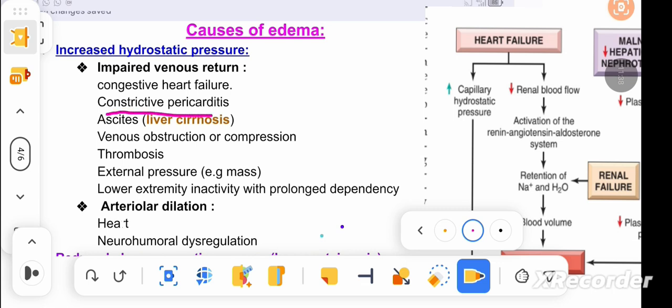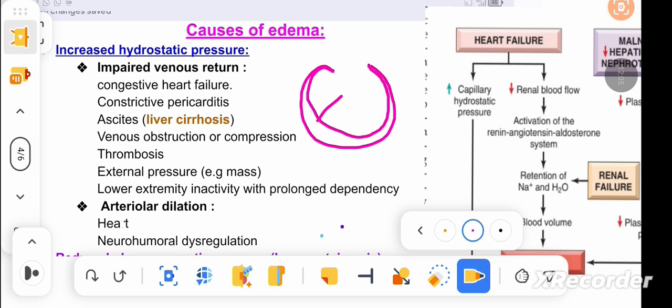Then we can have constrictive pericarditis, where we have impaired contraction and relaxation of the heart due to disorders of the pericardium, the outer covering of the heart. Okay, so it is constrictive, preventing the heart from contracting and relaxing properly.